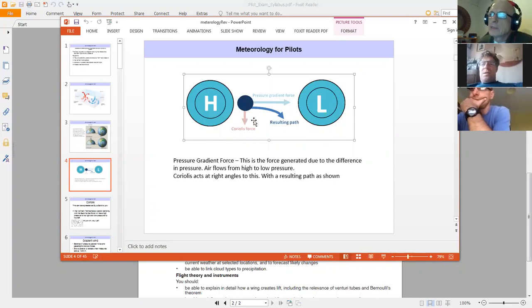Because of Coriolis, the way the Earth spins, it doesn't go in a straight line, it ends up curving away. So you'll see this pattern where it goes from high to low and starts to curve. Now it's going to go anti-clockwise around lows, and clockwise around highs. That's basically all you need to know on that.